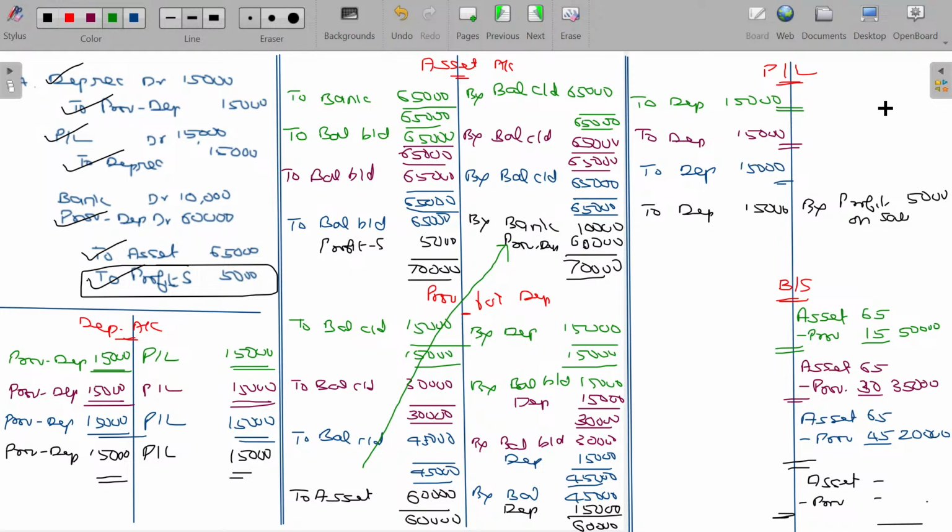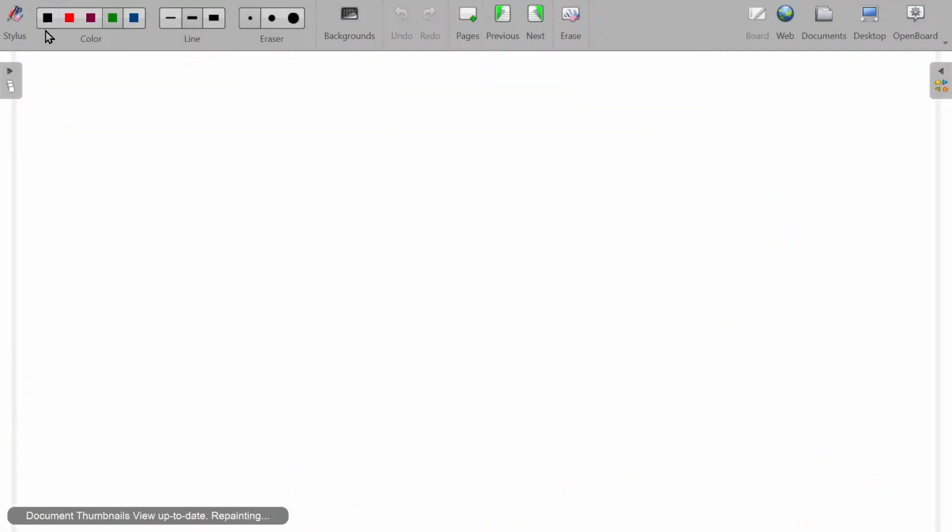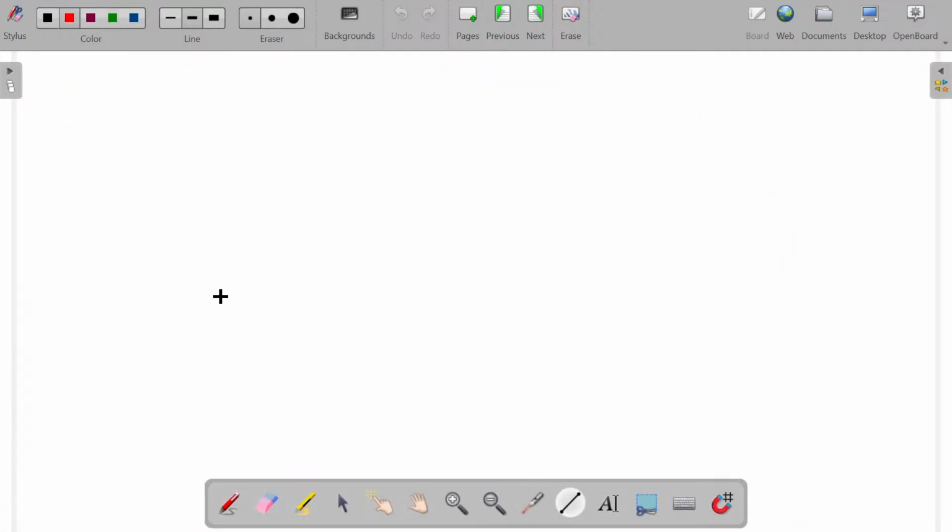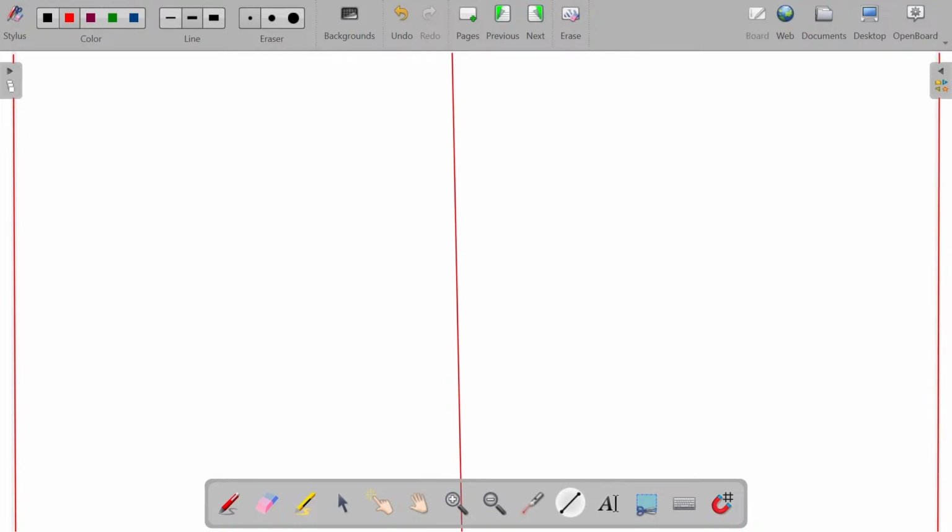So let me have the ledger format for these two models comparatively.